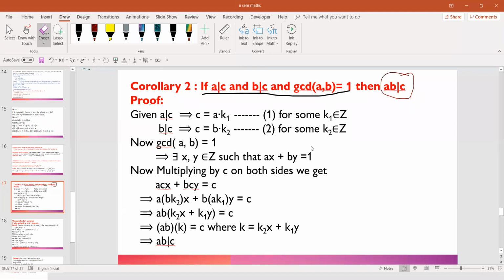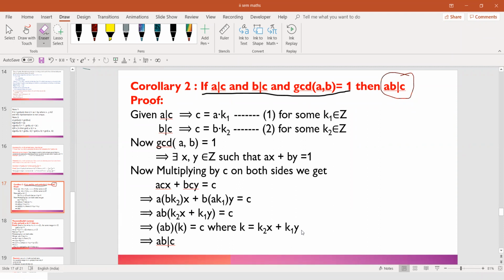K1 integer, K2 integer. What are X and Y? There exist X and Y belonging to Z, so they are integers. When you multiply two integers, what do you get? You will get an integer. When they are added, you will get an integer. This expression is an integer.